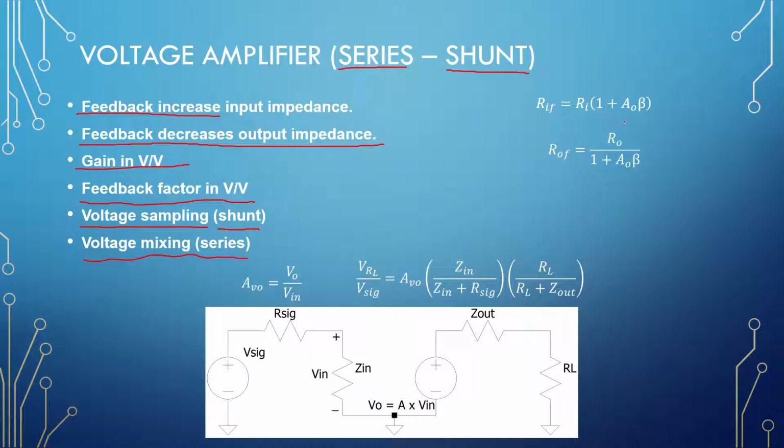Everything always happens in these 1 plus A beta kind of factors with feedback. If there is an increase, the input impedance of the amplifier will be multiplied by 1 plus A0 beta. If there is a decrease, it will be divided by 1 plus A0 beta.